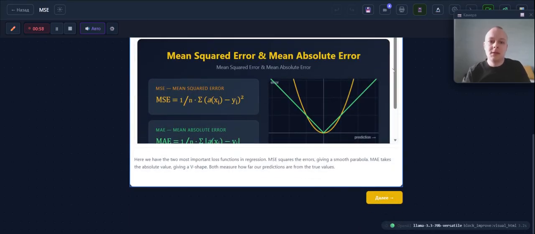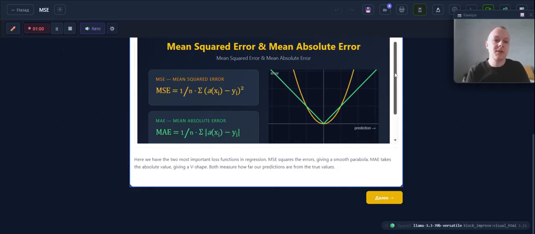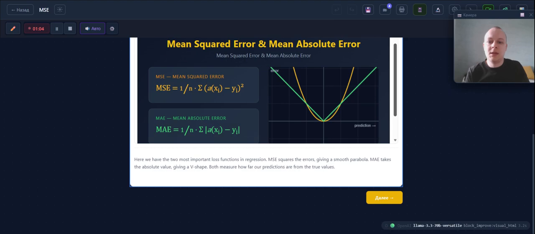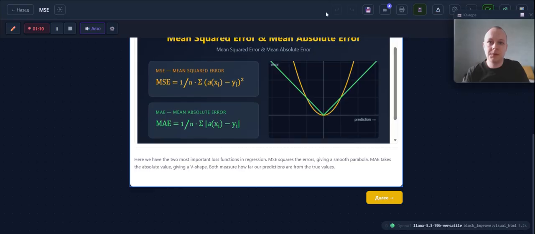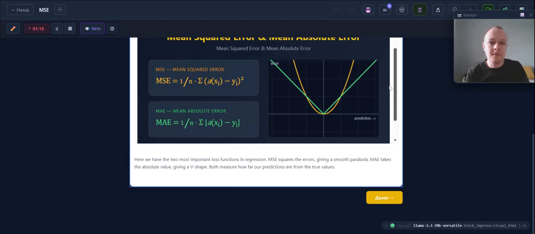This is how it looks. Both of these functions on the same axis, MSE and MAE. It's not an actual representation of these functions, because basically we see just the x squared function and the absolute x function, not this kind of form.